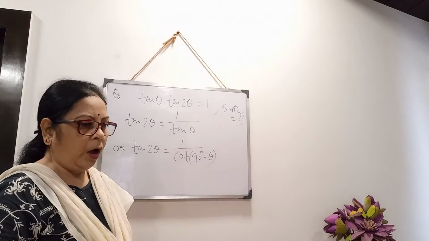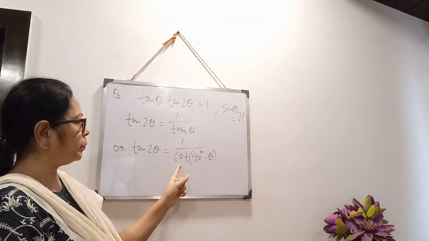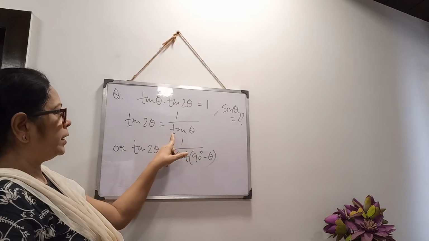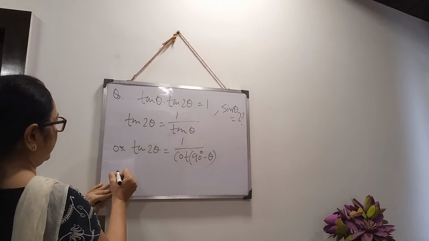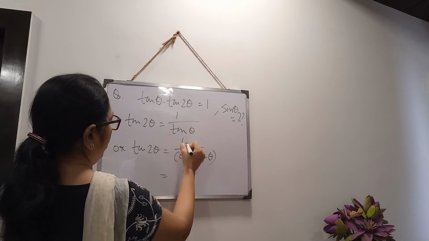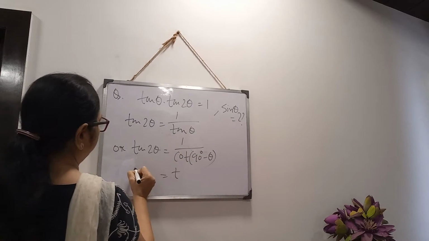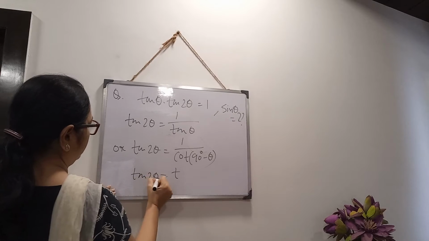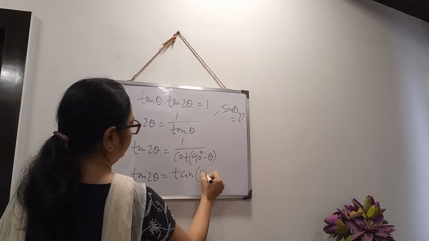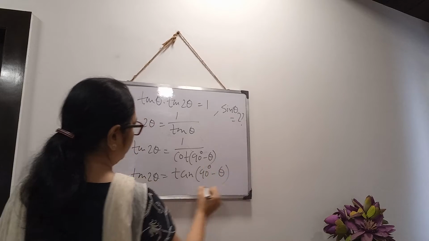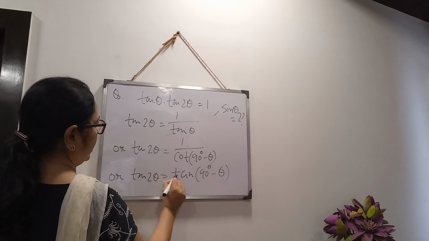Clear? Tan theta formula: tan theta equals cot (90 minus theta). Again you know 1 by cot means tan. So from both sides we are getting tan.